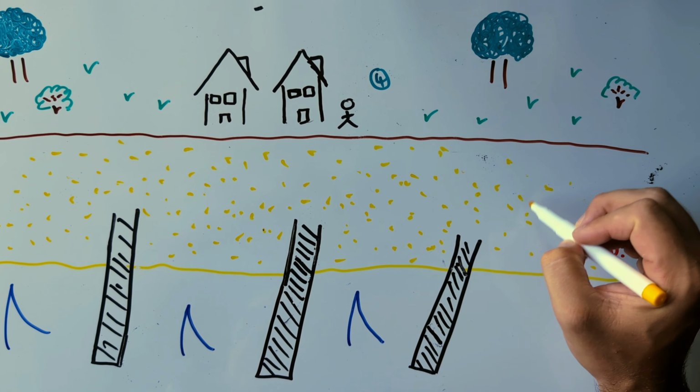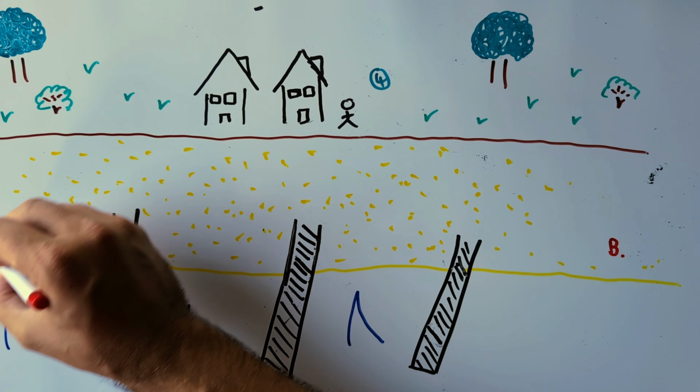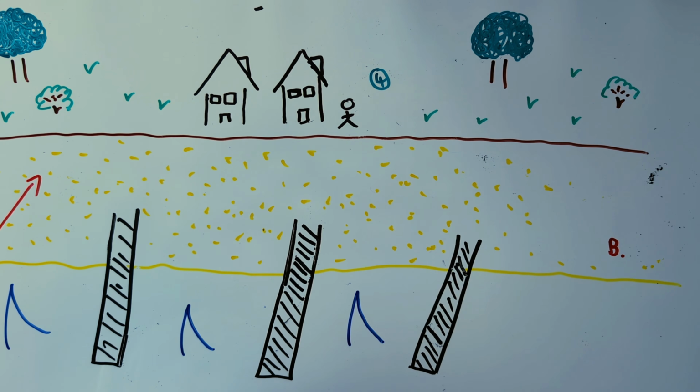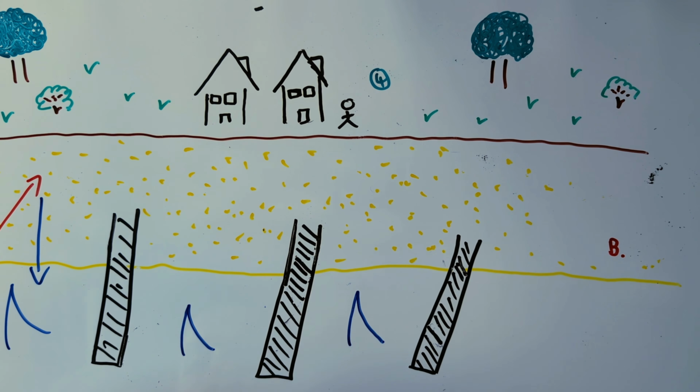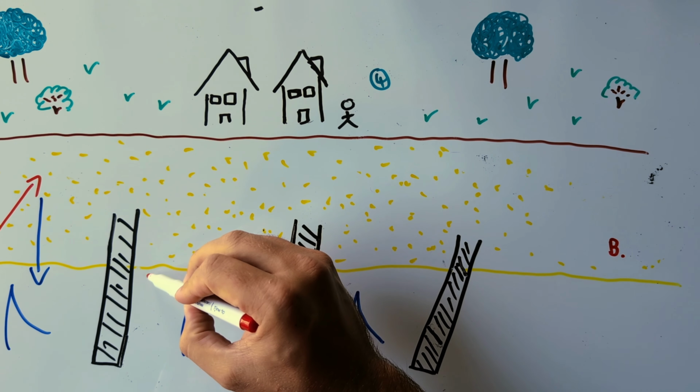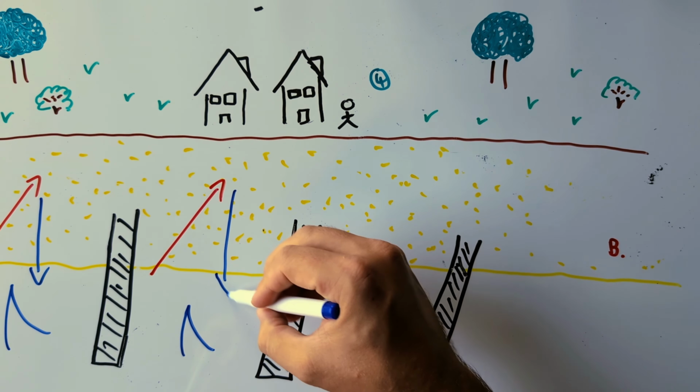So how does it work? Well, we know, and if you don't, check out my video on it, that we have swash at an angle and we have backwash perpendicular. And that's happening in a cycle all down our beach.